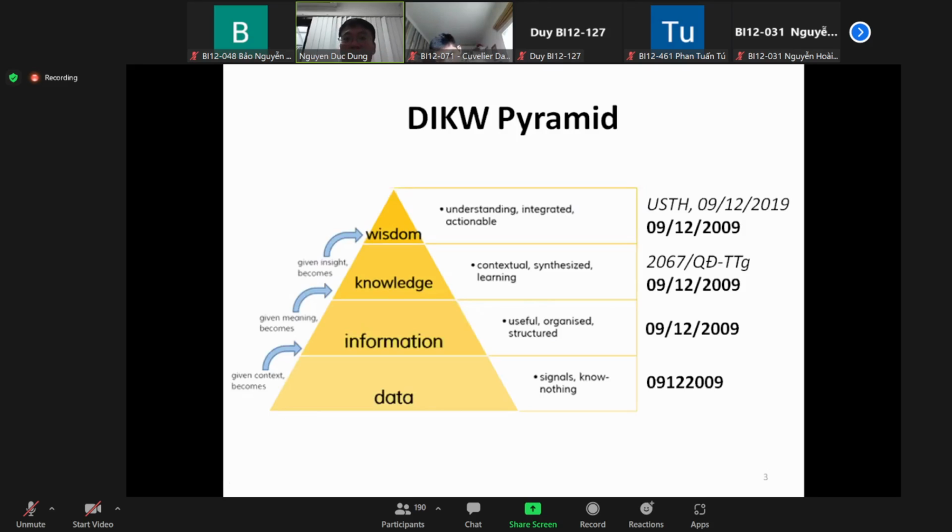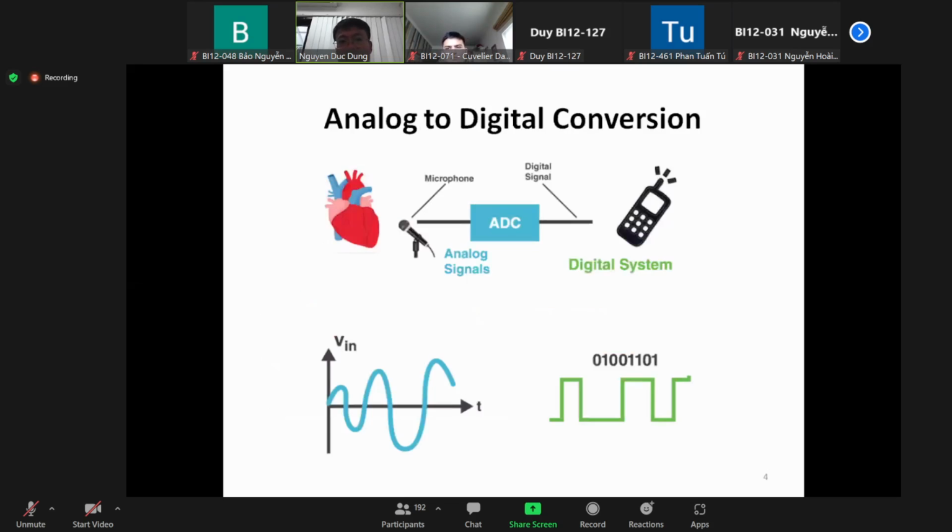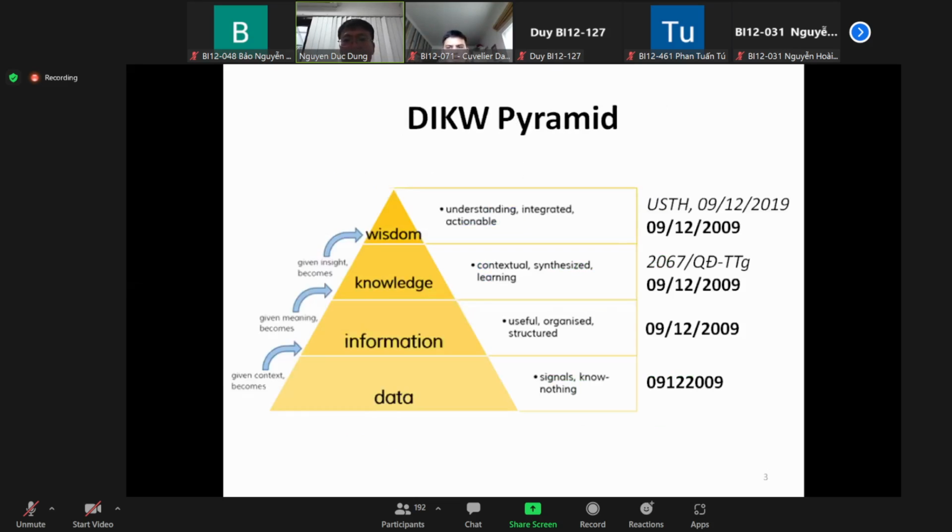So we know exactly this is December 9, 2009, for example. So data and metadata about the structure, about the meaning, it becomes information. Data becomes information.